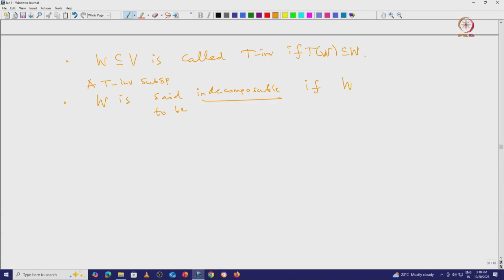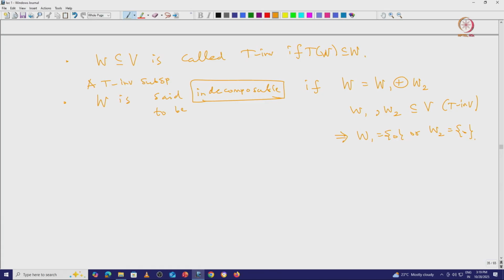What does it mean? Suppose you write W as W1 direct sum W2, where W1 and W2 are both T invariant subspaces of V, then that should imply either W1 is 0 or W2 is 0. This defines indecomposability. Indecomposability is very similar to the concept of a prime in natural numbers.